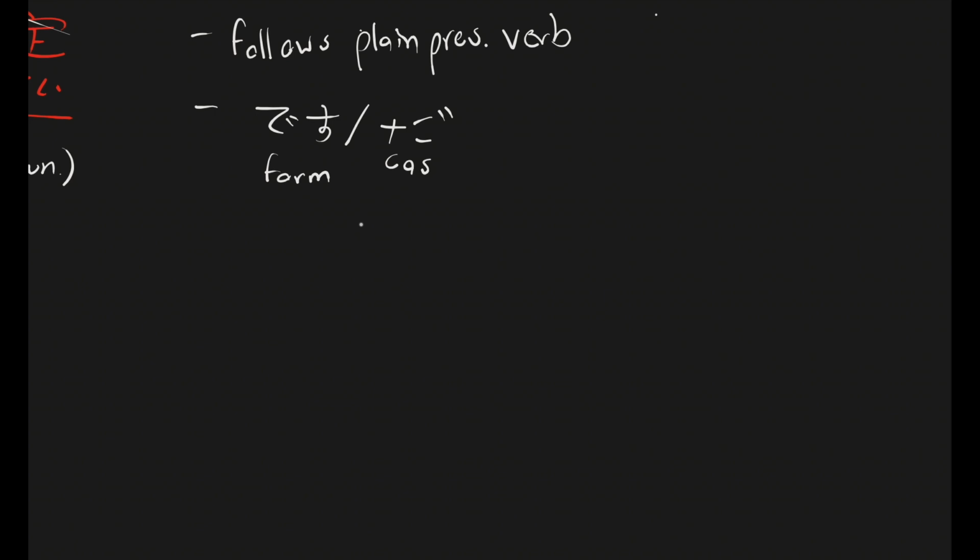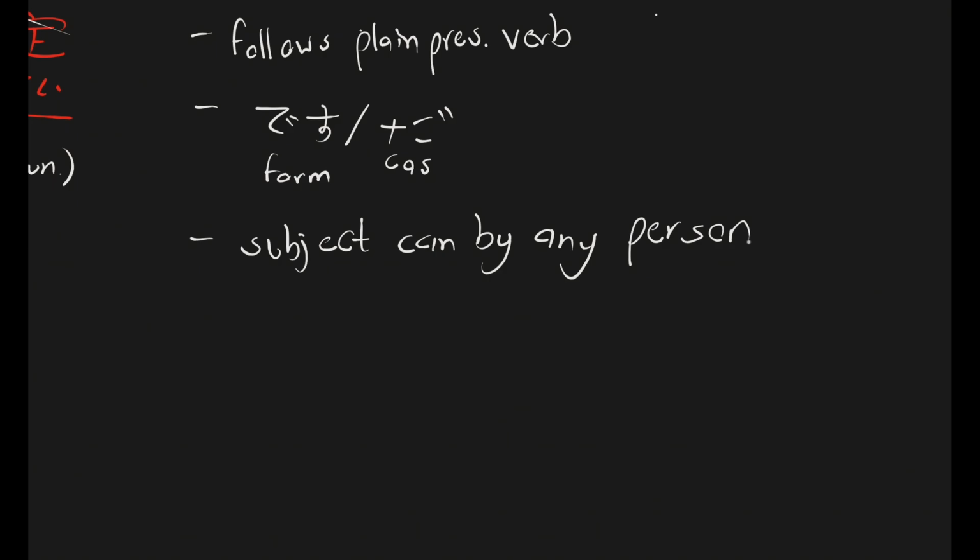Or in front of someone that you're not close to or you didn't know, you wouldn't use da. You'd use desu. Now with yote, another thing is that the subject can be any person. Or the subject of the statement can be any person. And it won't change the ending or how you have to say it.